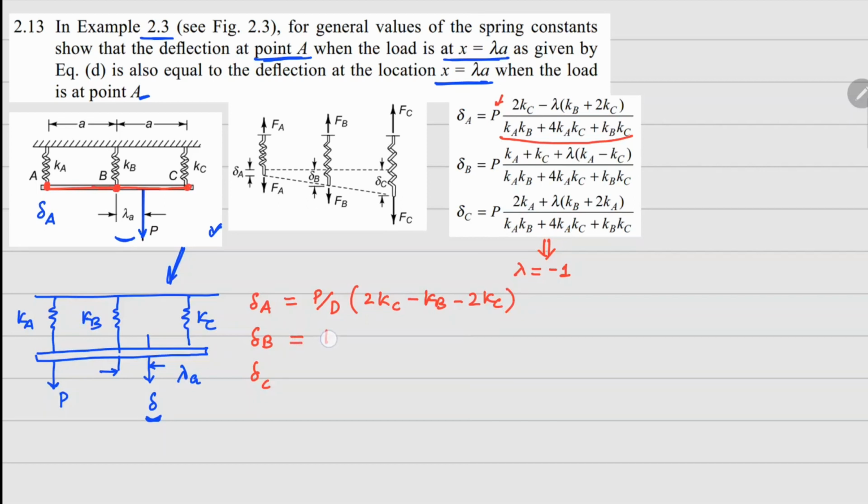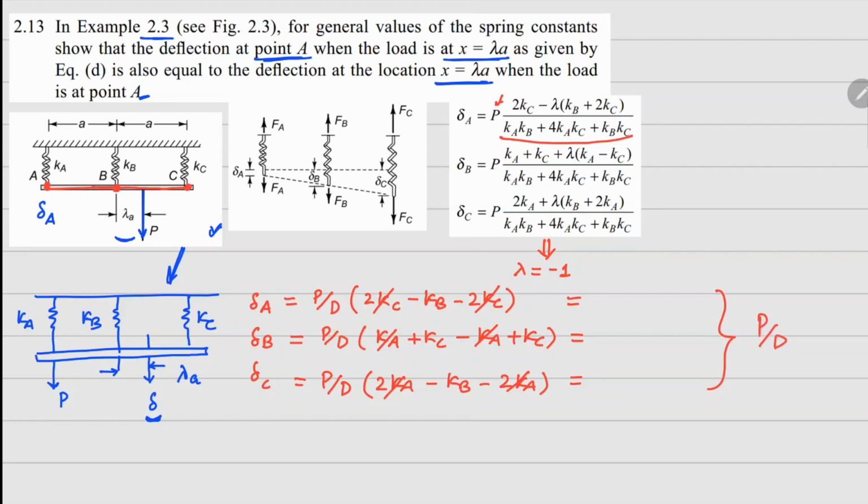Similarly your delta B is P over D, Ka plus Kc minus Ka plus Kc, and the last one P over D, 2 times Ka minus Kb minus 2 Ka. So you can see that this cancels out with this one right here. In all of these terms P over D is common, and in this one we have only minus Kb, here we have 2 Kc, and here again we have minus Kb.